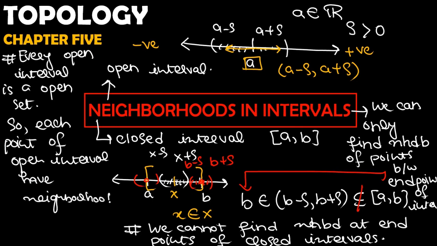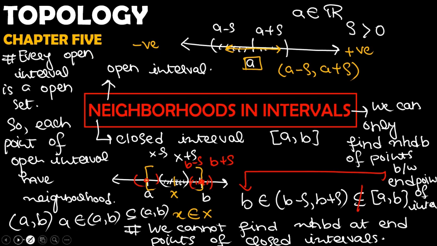We can find a neighborhood of each point of an open interval, because if (a, b) is an open interval, each point of it is contained in an open set. That is why each point of an open interval has a neighborhood. Very, very important.